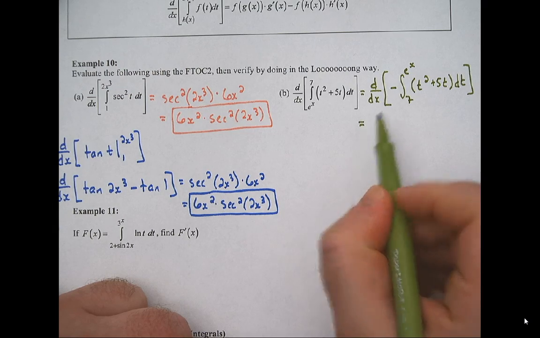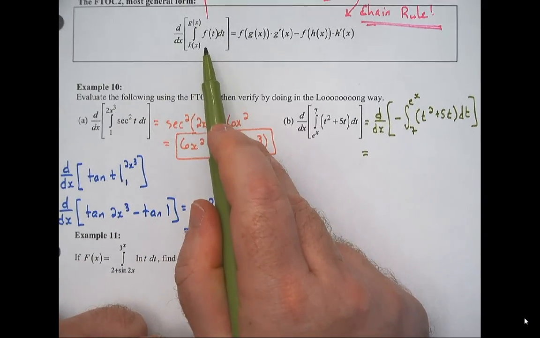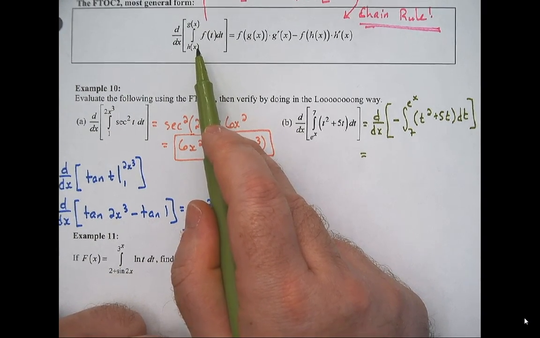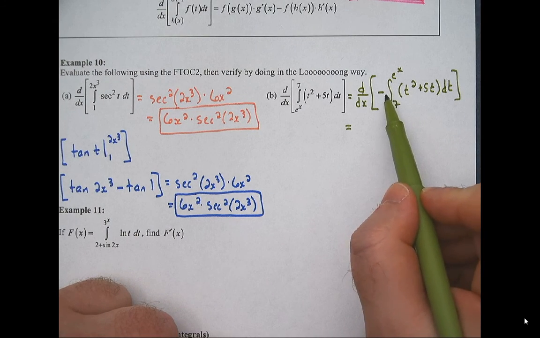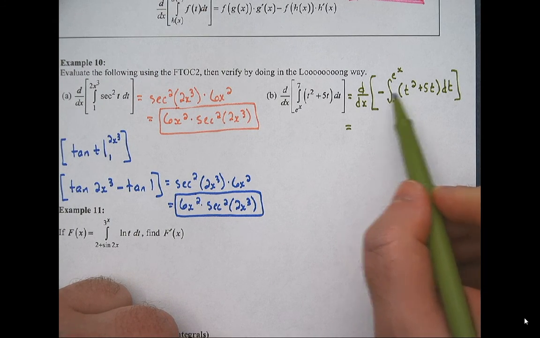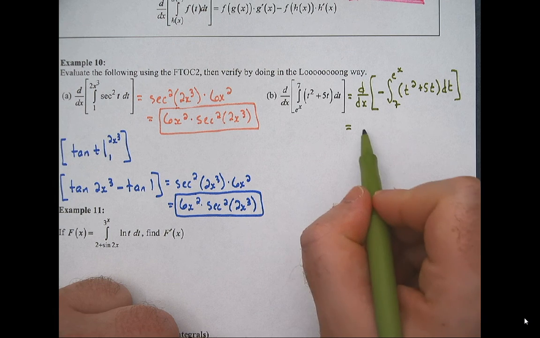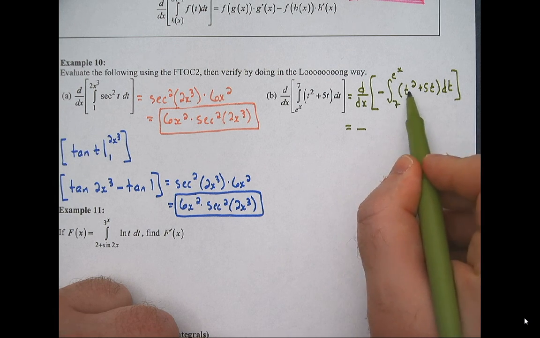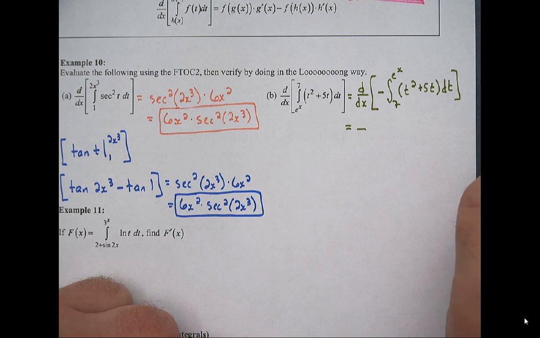So I'm going to use now the fundamental theorem of calculus general form, shortcut here. It's going to be a negative, but I'm going to have that negative still. But when I integrate, I'm going to be able to plug this in for t, but then I've got to multiply by that derivative.